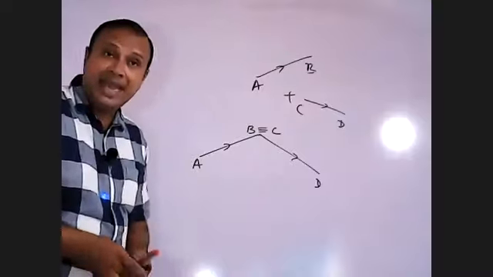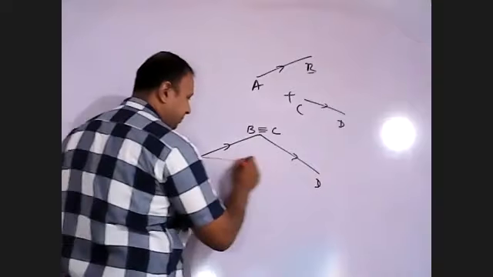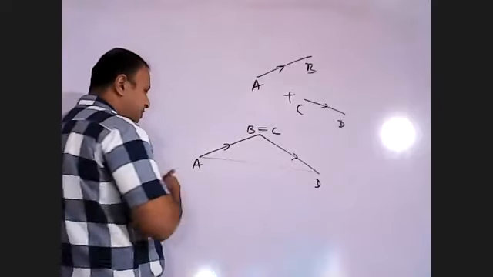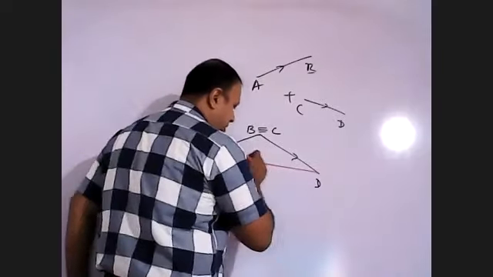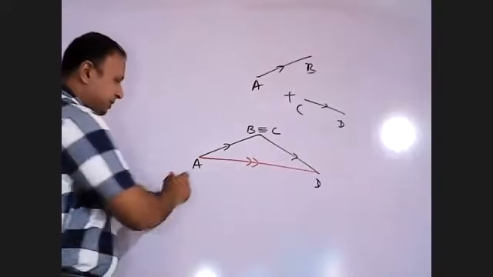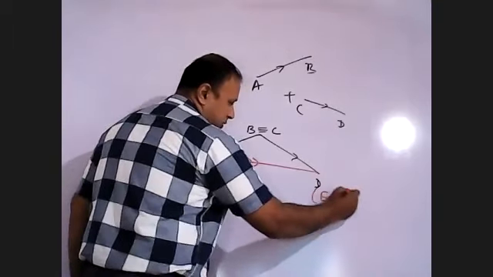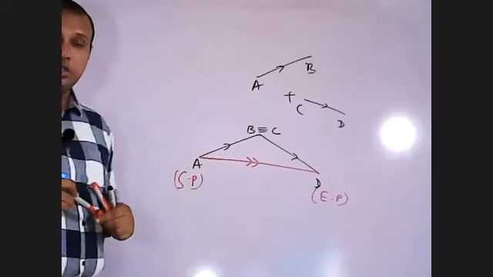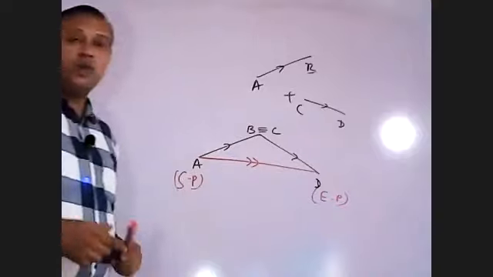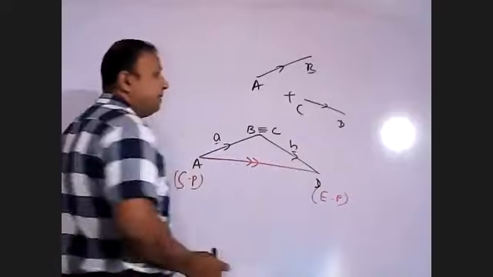So I can construct a vector by connecting these two points. My second step is to construct the addition vector, or construct the new vector by connecting this starting point and the end point. According to the principle of vector addition, this vector gives the addition of these two vectors. This is the principle.